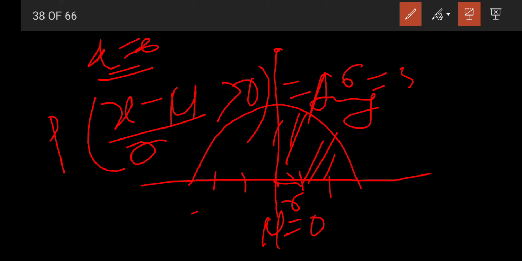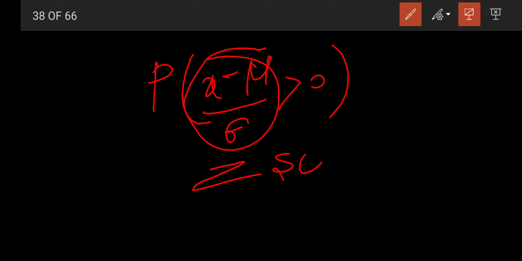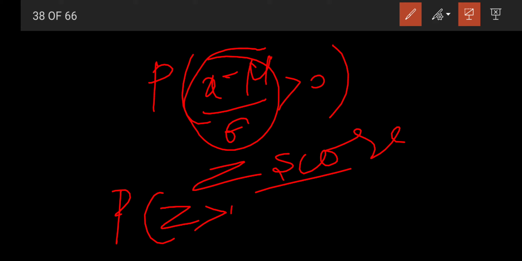Now see this. The answer was (x minus mu) by sigma greater than 0, right? This is what we call the z score. So we can say P(z greater than 0) is the answer.